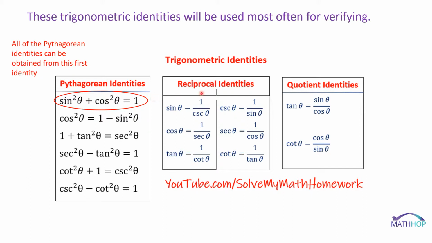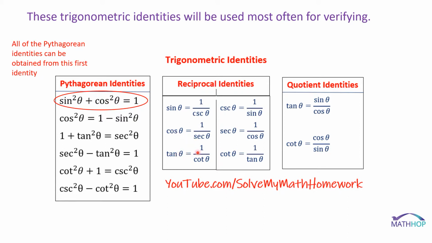Your reciprocal identities. Remember, you have to know your basic trig identities. Sine of theta is equal to 1 over cosecant. Cosecant and sine are reciprocals. Cosine of theta is 1 over secant of theta. Cosine and secant are reciprocals. If you have a hard time remembering these, just remember they will never start with the same letter. Sine goes with cosecant, cosine goes with secant.